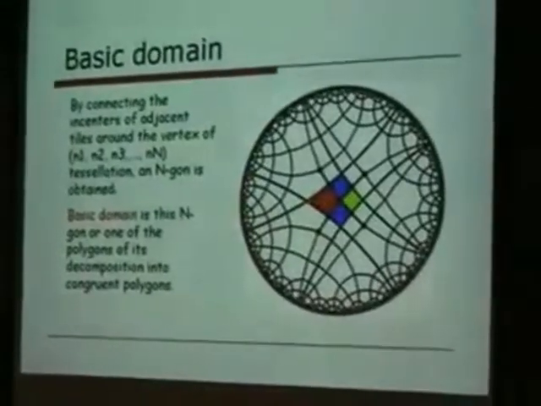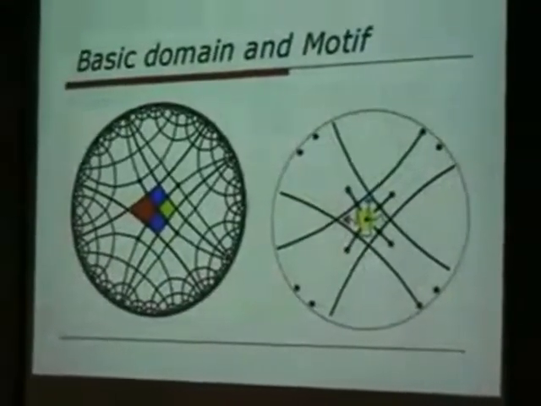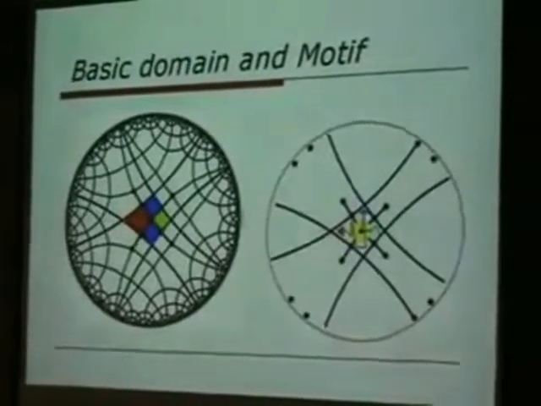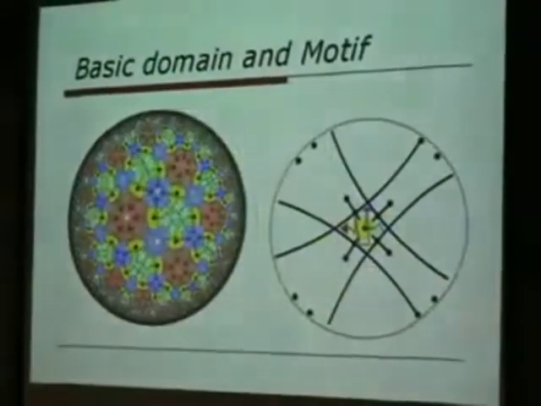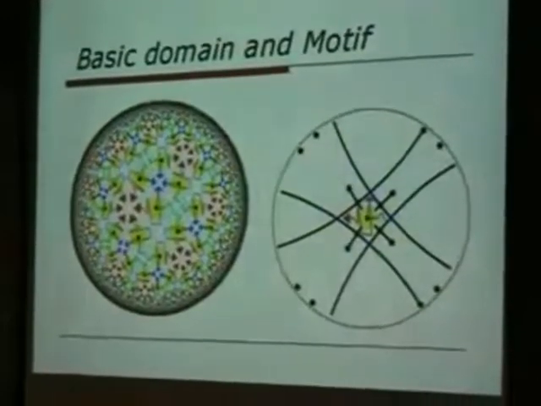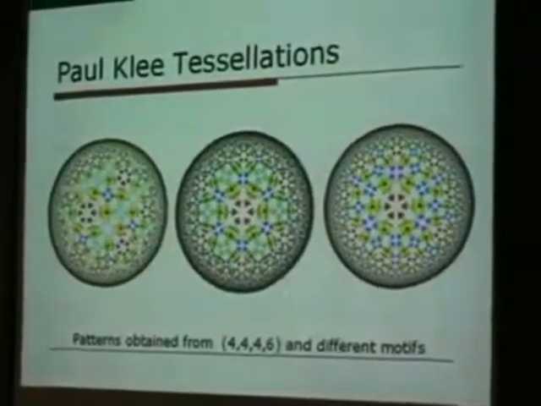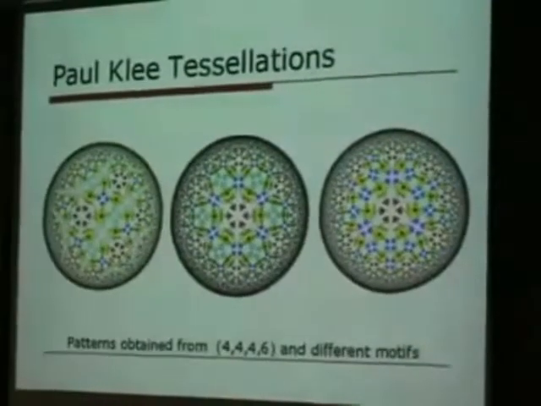We just find the fundamental domain. We pick some nice or less nice motif to put inside here, and we get the tessellation. Depending on the type of motif and whether it's more or less symmetric, you obtain these tessellations.